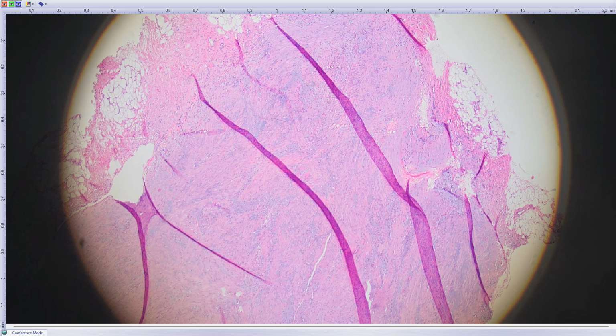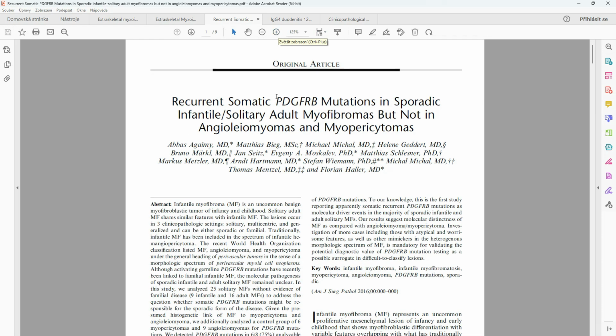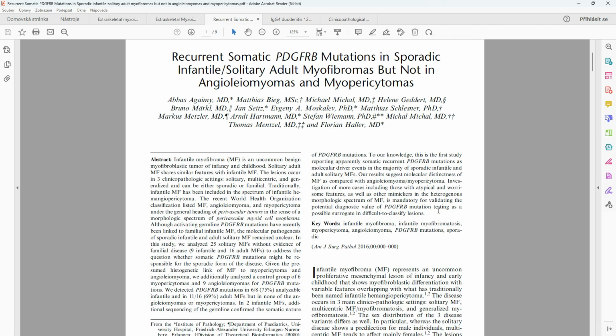This molecular alteration was first reported in these familial or inherited settings, and later it was also described in solitary adult myofibromas by Abbas Agaimy with our help. We sent there some 20 myofibromas.